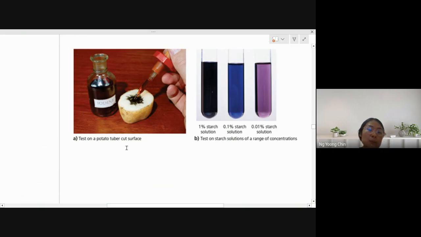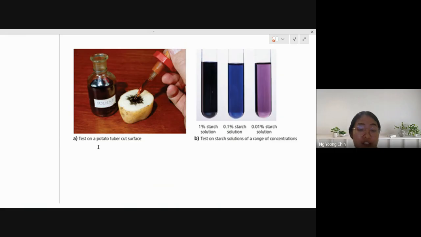Okay, and then Suyang, tell me, what is the original color for the iodine before it changed into dark blue? Is it yellow, red, green, black, or brown? Iodine solution, I think you must have seen before, right?